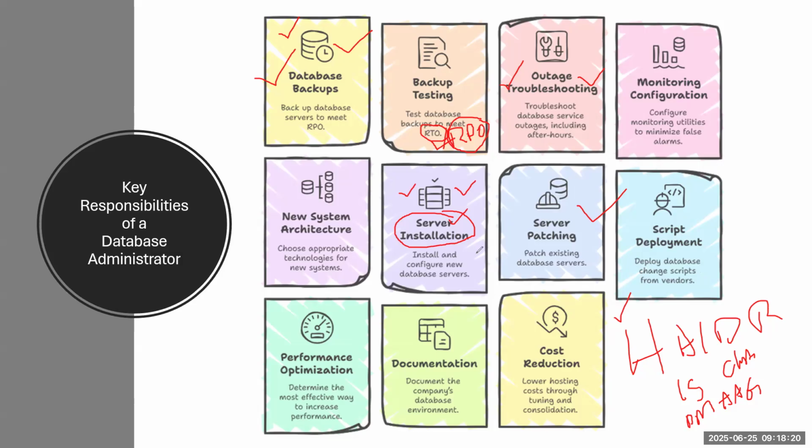Okay, and deployments. Monthly deployments and weekly deployments will also be there. Sometimes you won't get any deployment activities, but in some projects you may get deployment activities. You will be part of the deployment.